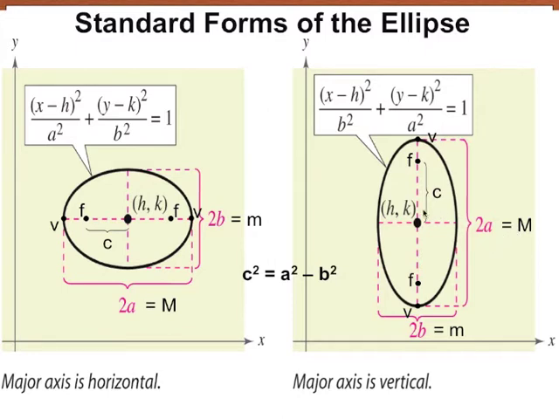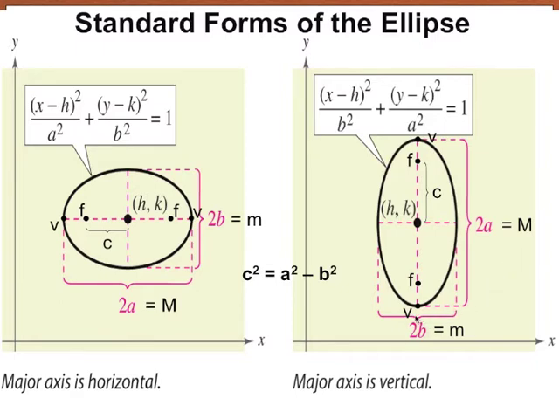So C is the distance from center to focus. A is 1/2 of the major axis. You can also think of it as the distance from the center to one of the endpoints, or one of the vertices of the major axis. And so 2a equals M.